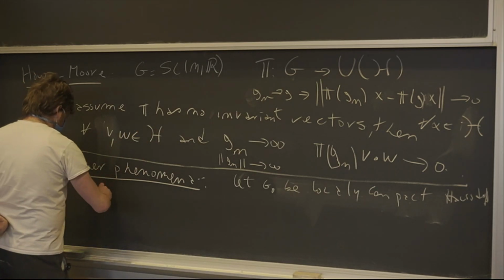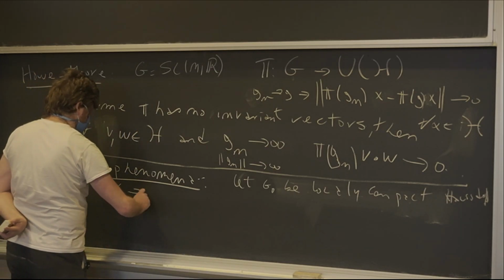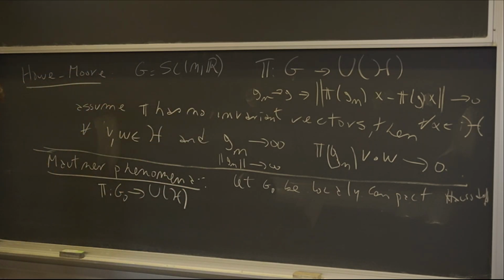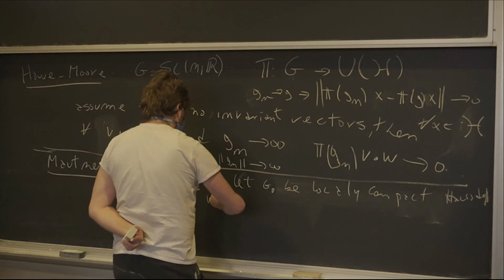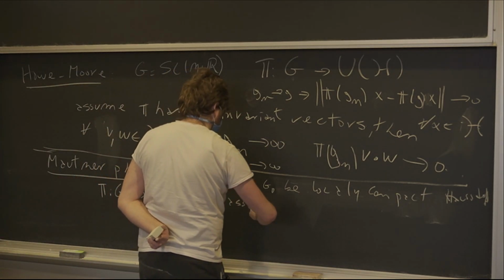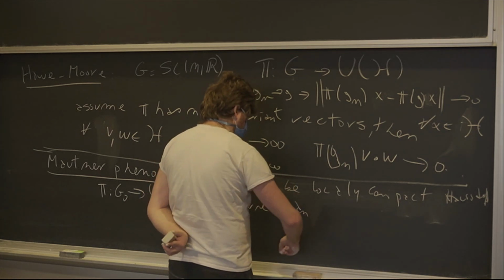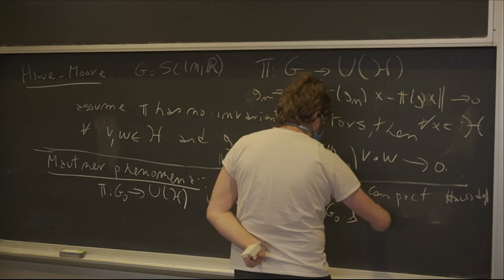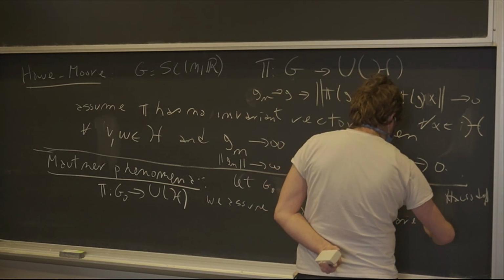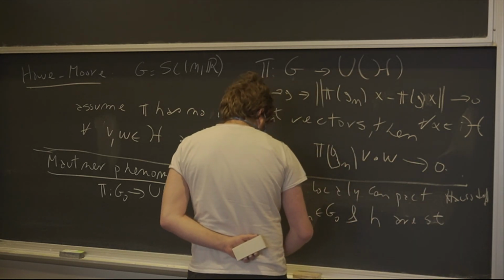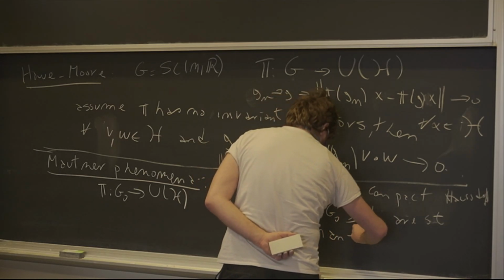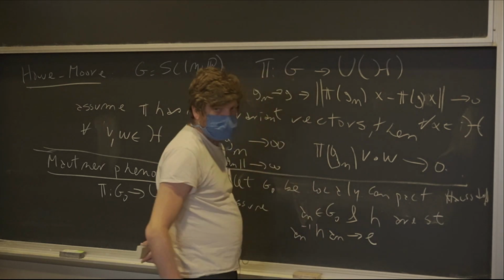We have again one representation and the same continuity property. And we assume a_n in G naught and h are such that a_n inverse h a_n goes to identity.